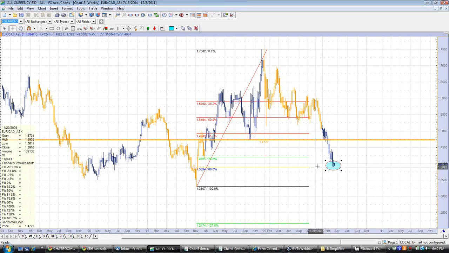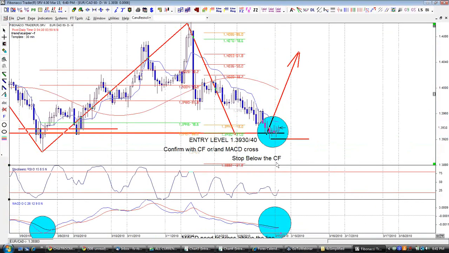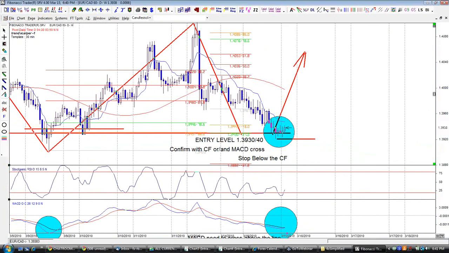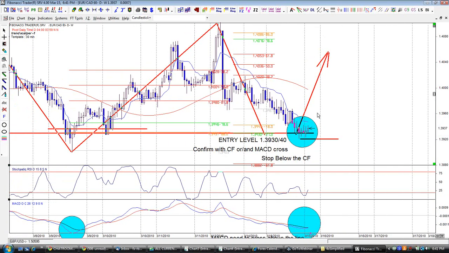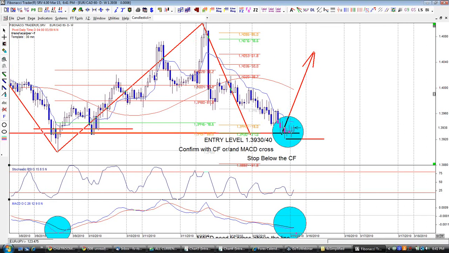We can see that we are exactly at the 86 to the pip over there. We had a few attempts to enter, and probably this one here would be the best entry that we've had so far.